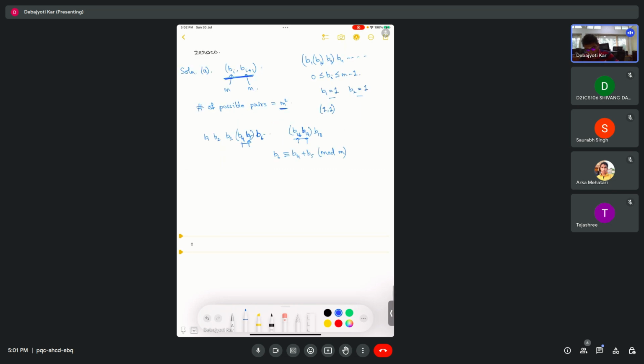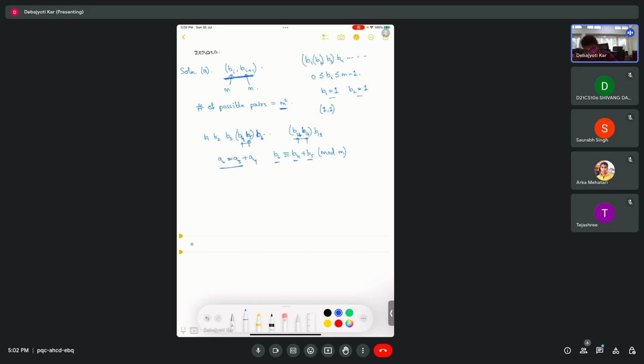Because why is this the case? Because a6, by definition of the Fibonacci sequence, is a5 plus a4. So this equality also holds modulo m. If we take the remainders, they must also satisfy this equality. That is, b6, the remainder when a6 is divided by m, is equal to the sum of the remainders when a4 and a5 are divided by m.